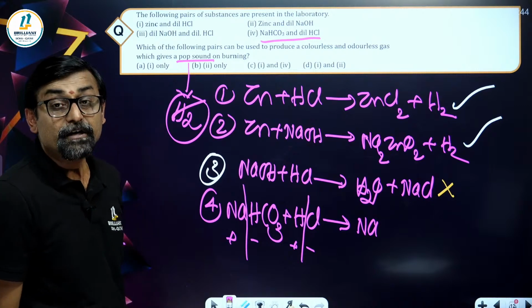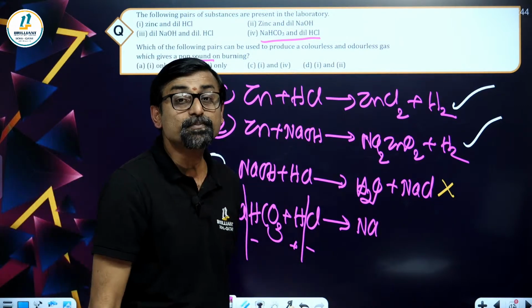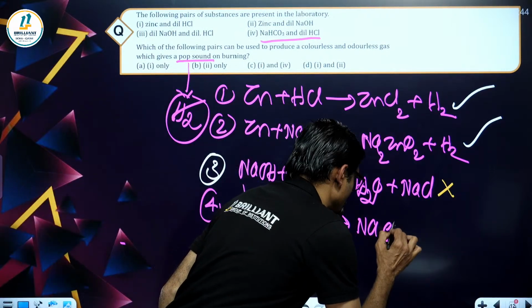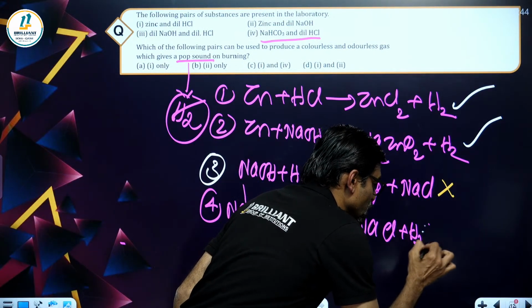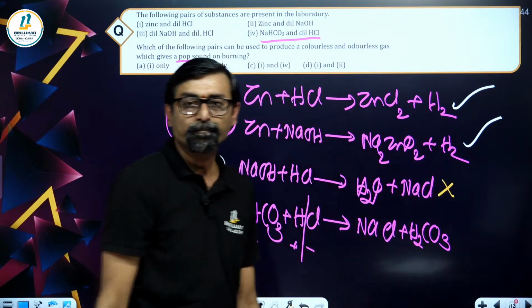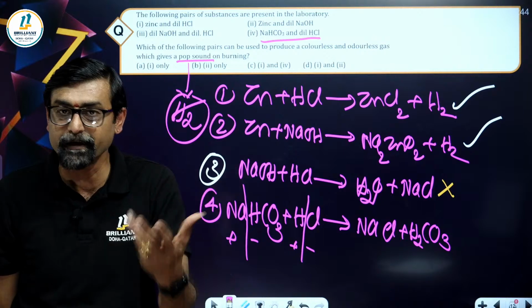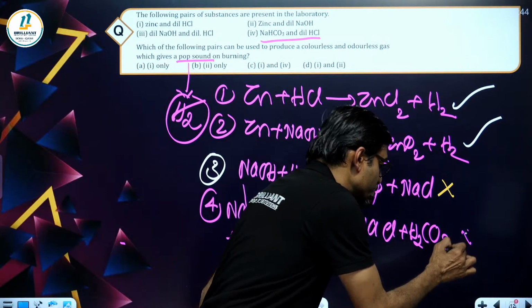So normally it should give you a double displacement reaction with two products, NaCl and H2CO3. Listen carefully, children. So here also we don't get any hydrogen gas. So this is also a wrong option.